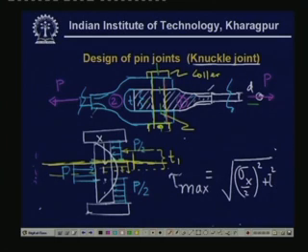So, this is for the maximum shear stress, and this must be less than tau allowable.